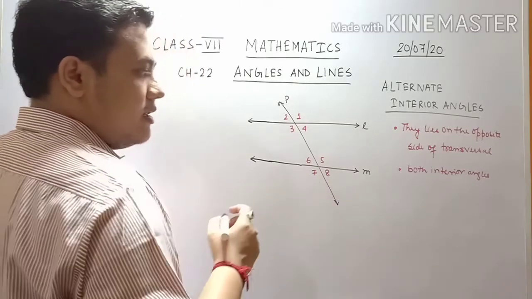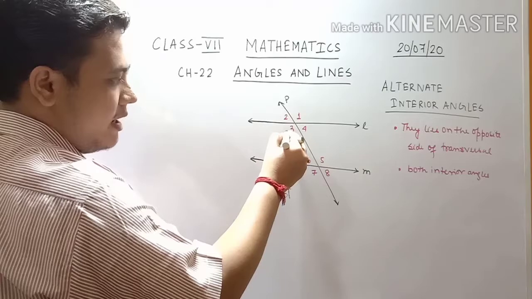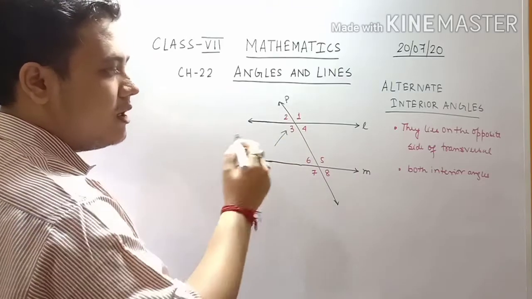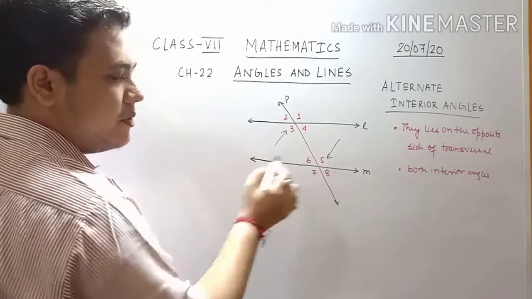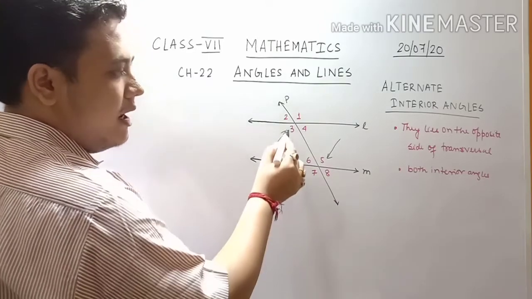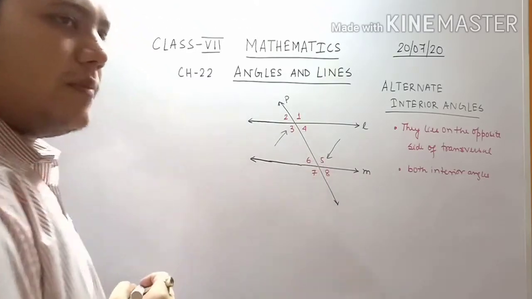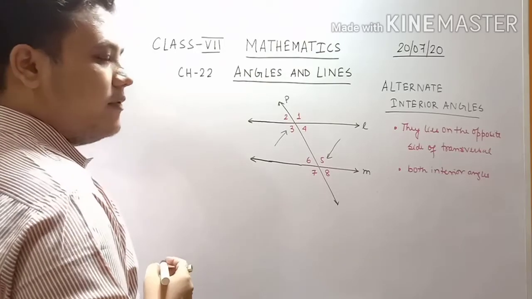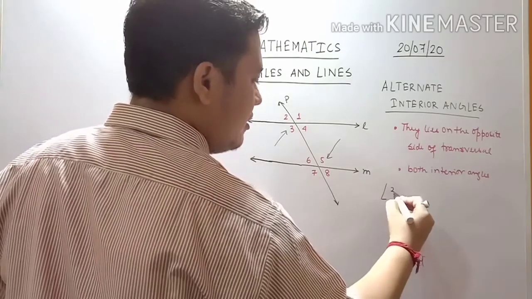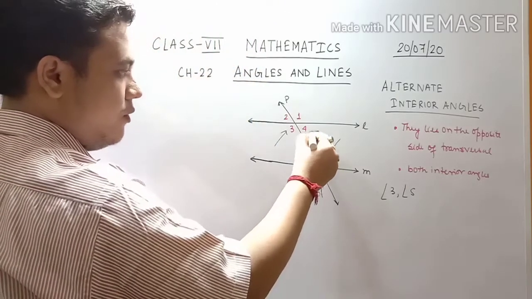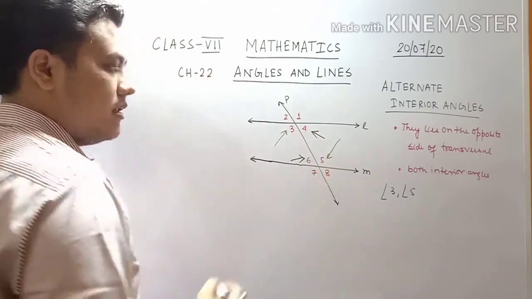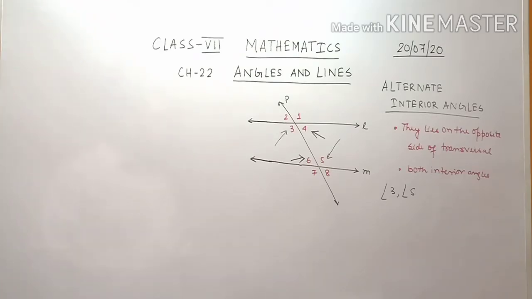So how many such angles are you getting? Suppose this is angle 3. What is the alternate position of 3? Which is 5. You can see this is the opposite side of the transversal, and 3 and 5 are on the alternate positions. So 3 and 5 will be our alternate pair. Similarly, we can say that 4 and 6, these two are also alternate pairs.